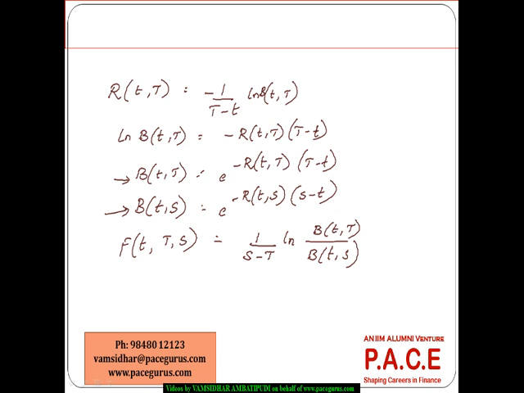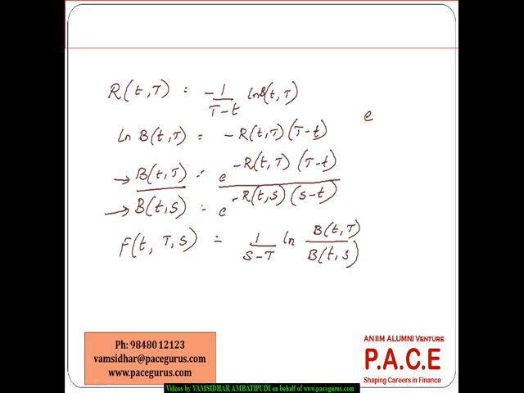Because if you see, just divide these two things, what is it coming out? B(t,T) divided by B(t,S) is becoming e to the power of minus R(t,T) times (T minus t) divided by e to the power of minus R(t,S) times (S minus t).